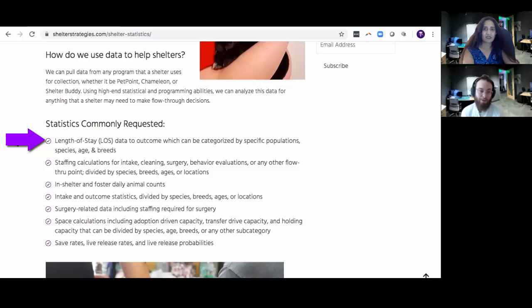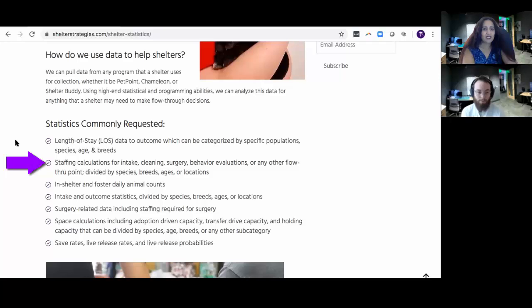So where those slower tracks that maybe could be sped up a little bit, they're going to be more specific to an animal group or an intake group. And so those are some of the things that we look at when doing length of stay calculations.